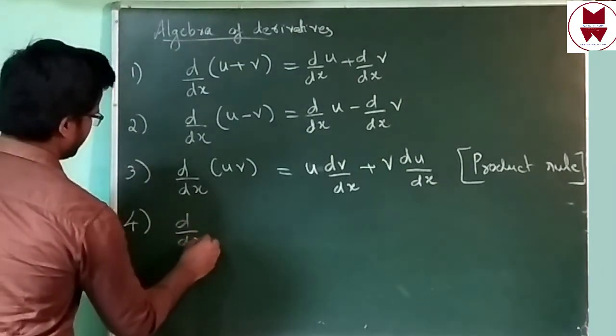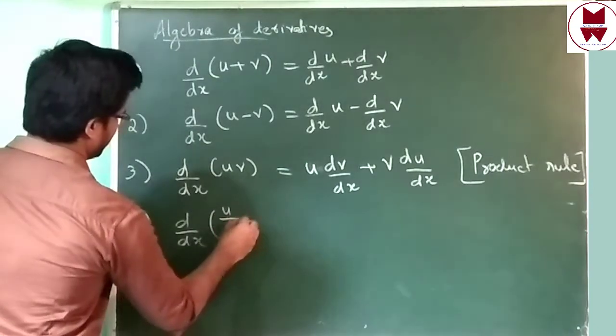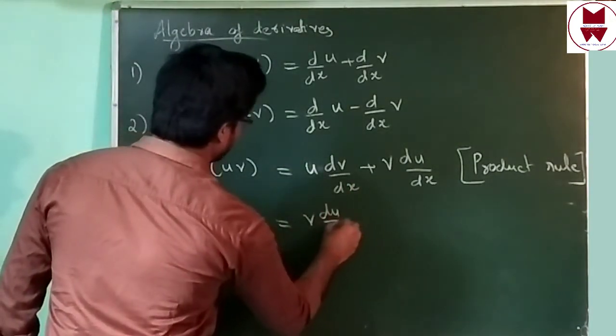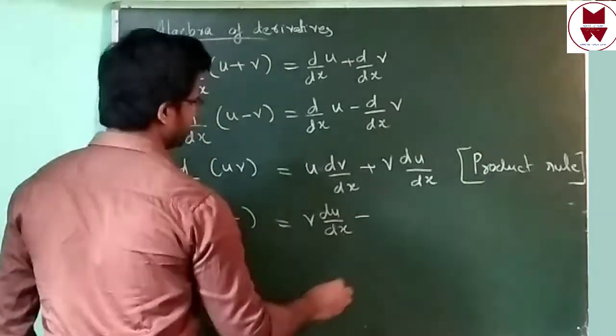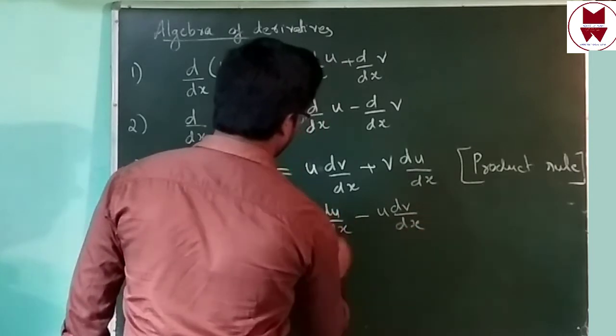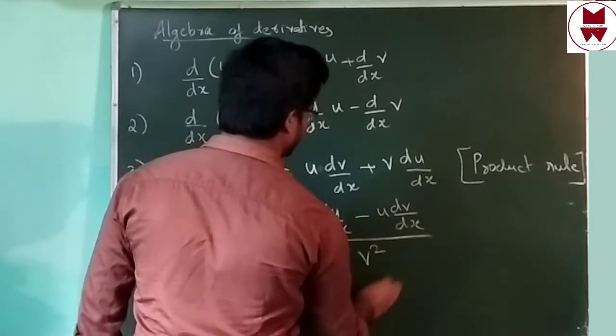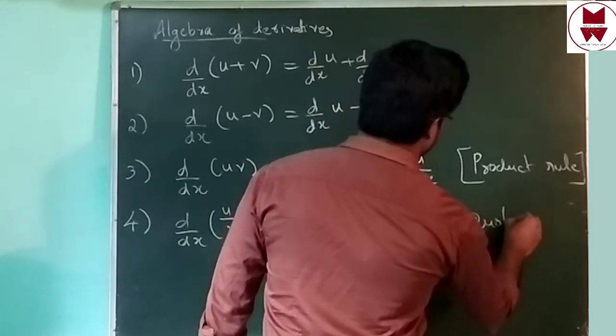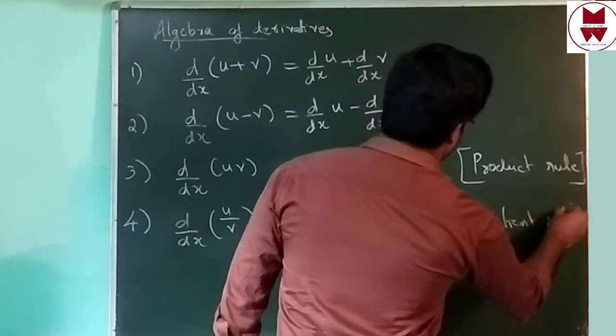D by dx of u divided by v, we can write v du by dx minus u dv by dx, all divided by v square. This is known as the quotient rule.